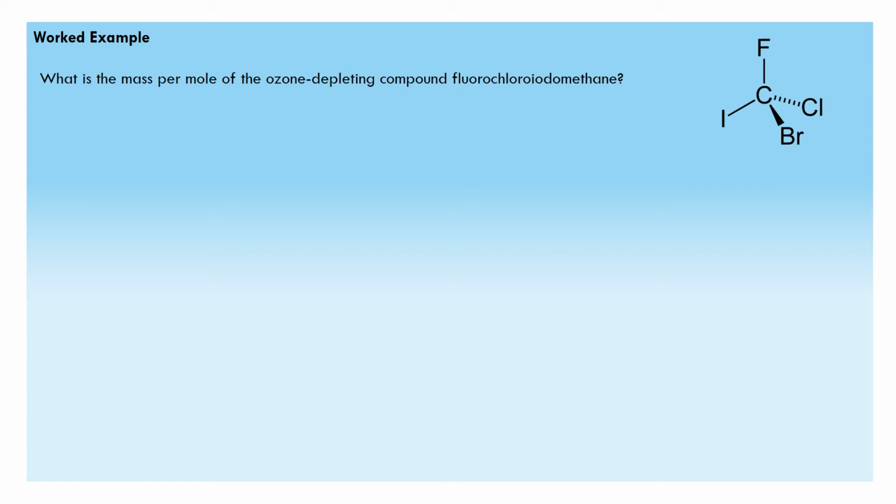So we can look at a worked example here, and this example will show us how to calculate the molecular mass, or the mass per mole, of this ozone depleting compound, fluorochloroiodomethane.